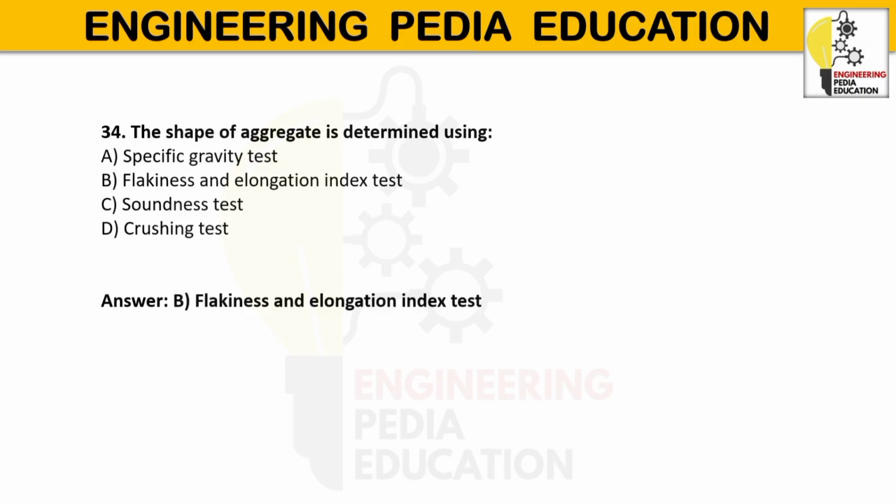Flakiness index: thickness is less than 0.6 times the mean size, and elongation: length is greater than 1.8 times the mean size.